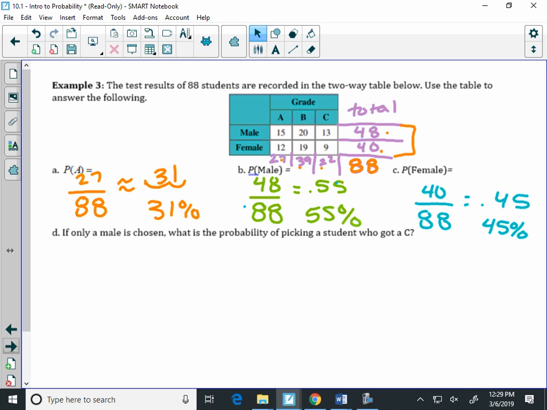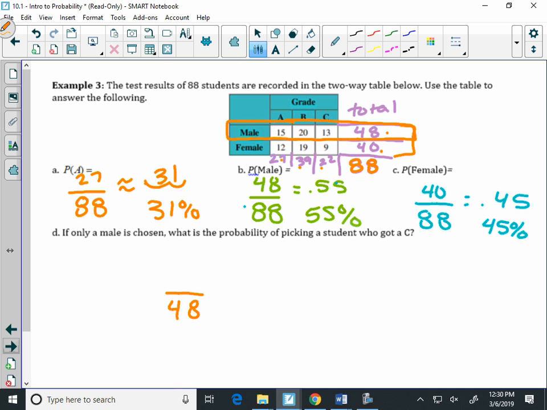B says, if only a male is chosen, what is the probability of picking a student who got a C? Okay, so we're finding probability, so make our fraction. What's our total? What's going to go on the bottom this time? 48. Okay, we know we picked a male. We know a male was chosen, so we're only looking at the male population.